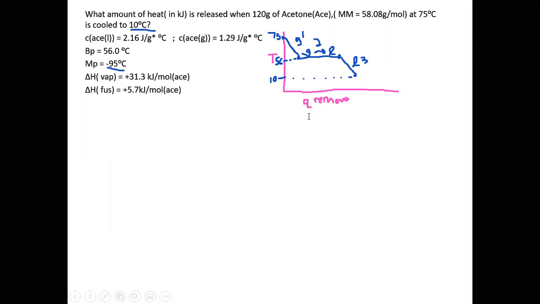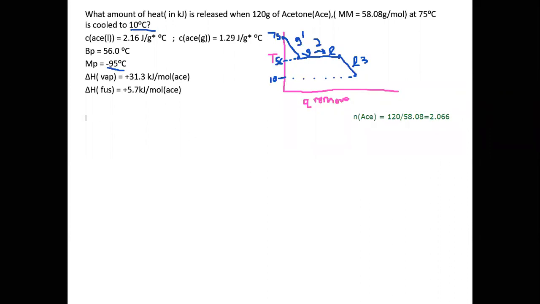Now we're going to need the moles of acetone, so over here to the side I'm just going to quickly calculate the moles of acetone. We get 2.066.